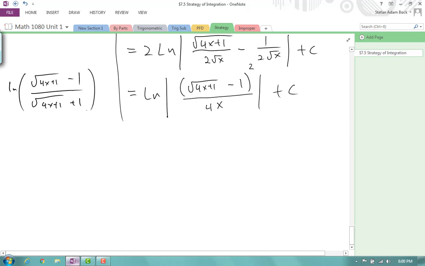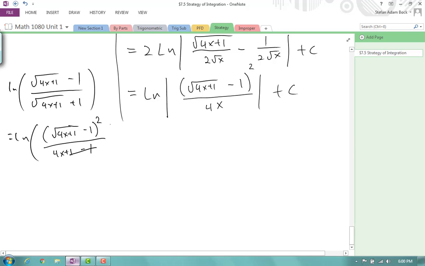So if I were to take this problem over here and multiply and divide by the conjugate, I would have the natural log. The conjugate of the bottom is the square root of 4x plus 1 minus 1. So I'd have the square root of 4x plus 1 minus 1 squared divided by, when I multiply out this conjugate, I get 4x plus 1 minus 1.